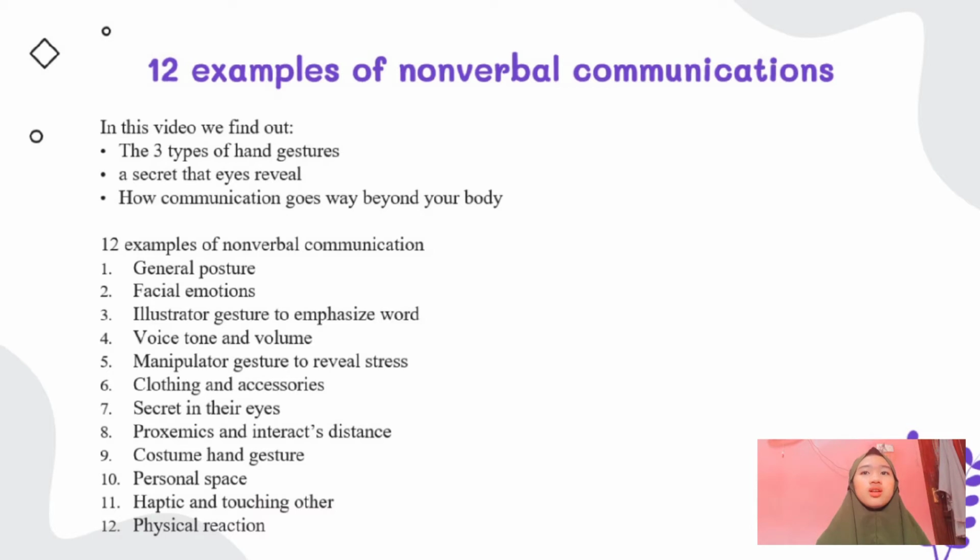6 is clothing and accessories. In nonverbal communication, the way a person dresses can show their personality, because choosing the clothes they will wear is their decision. 7 is the secret in their eyes.